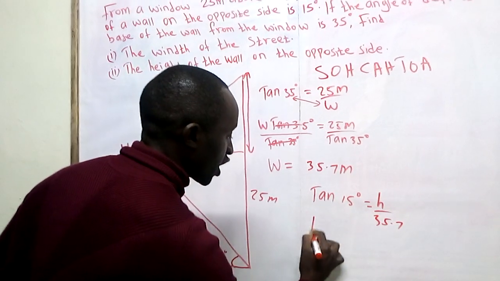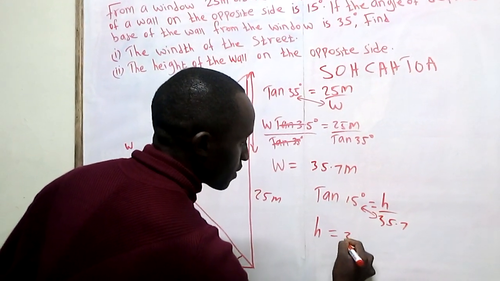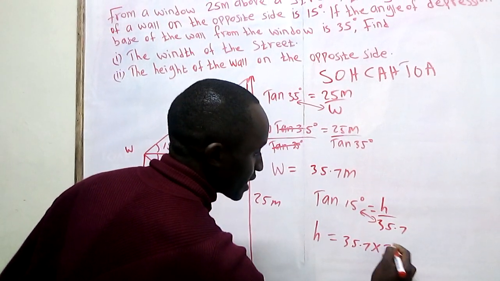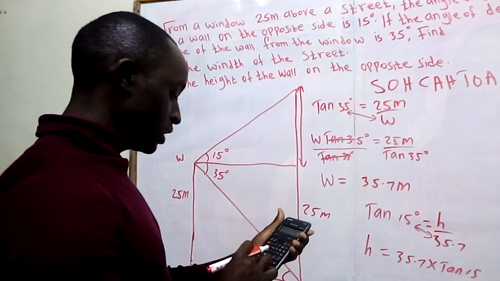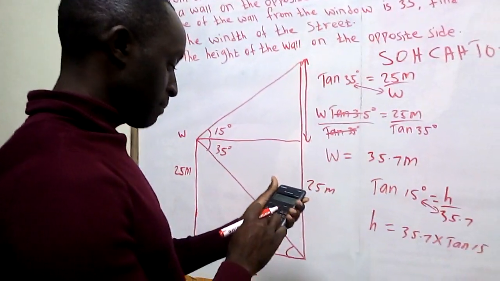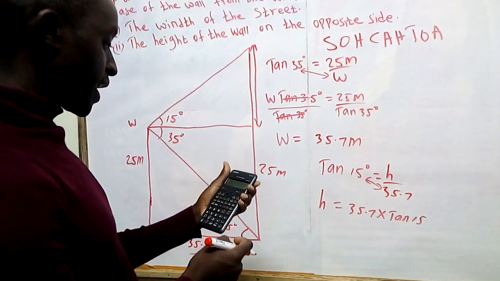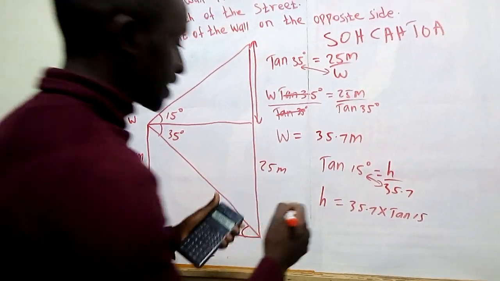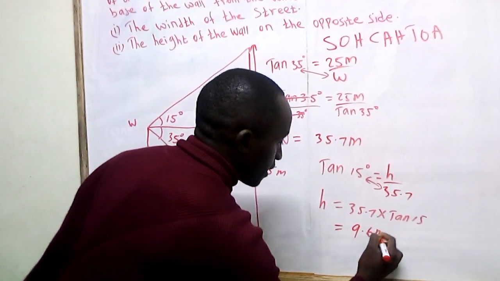To get H, I cross multiply, which gives 35.7 multiplied by tan 15, which is 9.56. Therefore, my height is 9.6 meters.